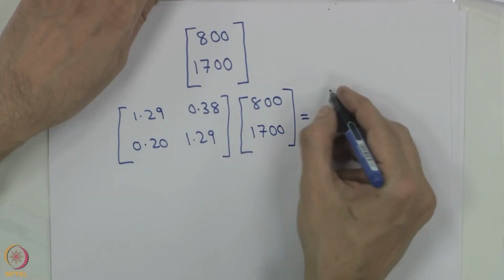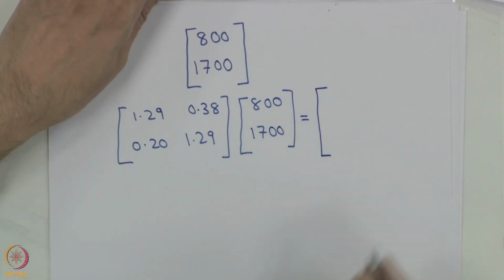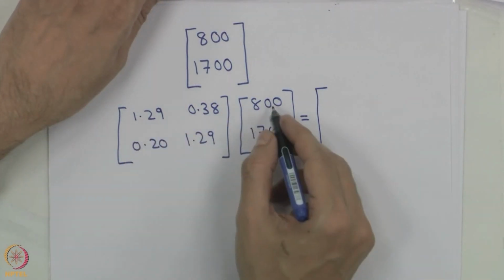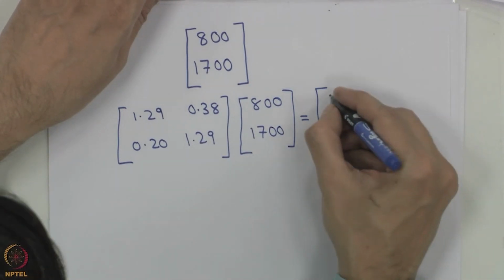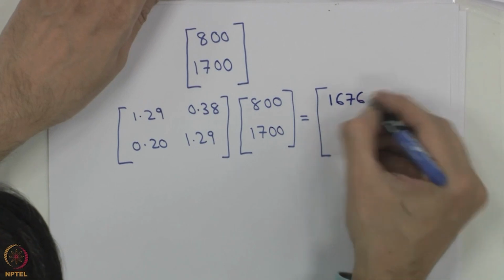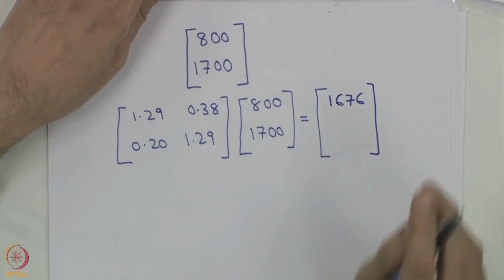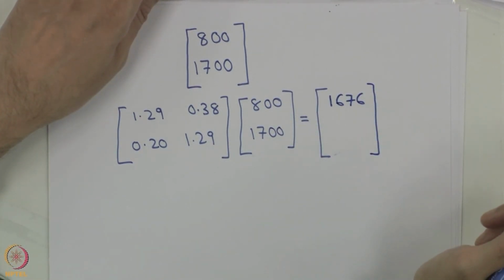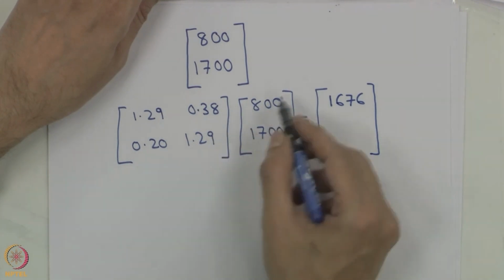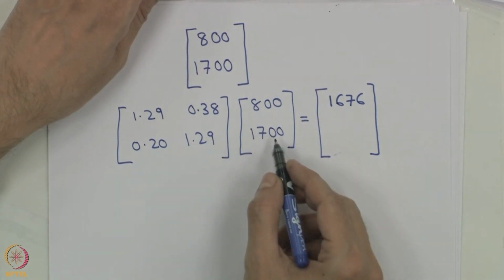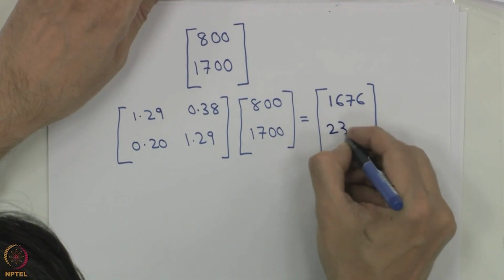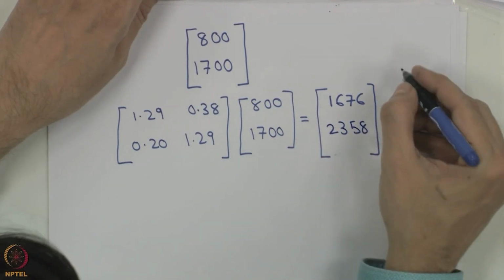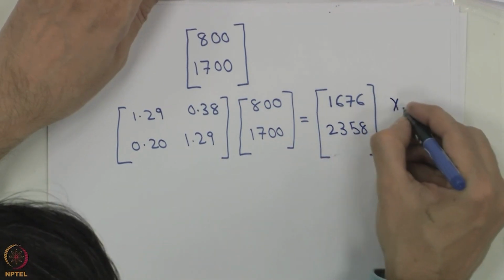This will give us the value of x new, and you can multiply 1.29 into 800 plus 0.38 into 1700, and you will see this comes out to be 1676 is the total final output of the agricultural sector. And for the industrial sector, this will be 0.2 into 800 plus 1.29 into 1700. This will come out to be 2358. This is now x new.